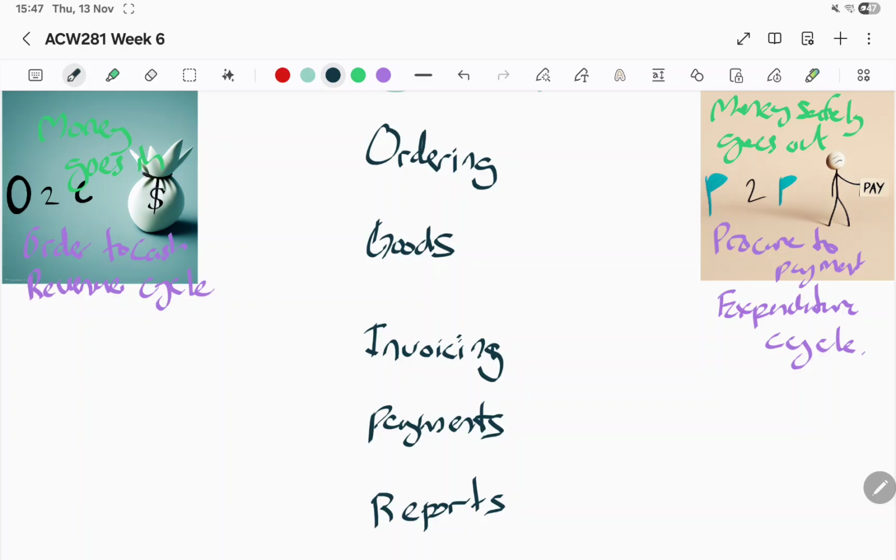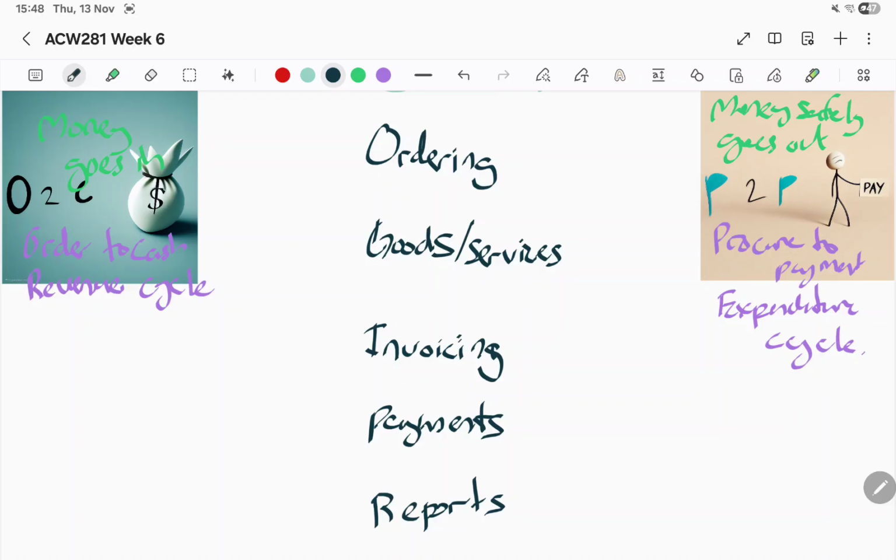So these two processes are quite similar in the sense that you have the ordering stage, and then the stage where you receive the goods or send the goods out, or in terms of services, you're going to do your service, all right?